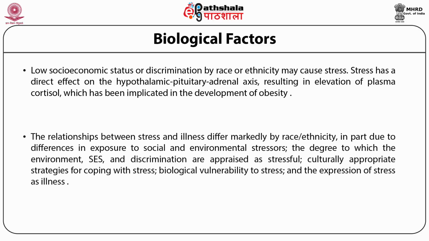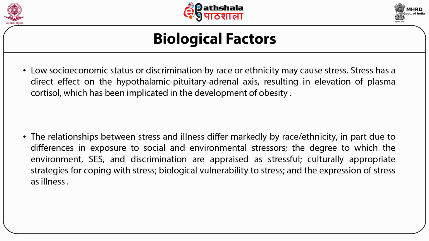The relationship between stress and illness differs markedly by race or ethnicity, in part due to differences in exposure to social and environmental stressors. The degree to which the environment, socioeconomic status, and discrimination are appraised as stressful, culturally appropriate strategies for coping with the stress, biological vulnerability to stress, and the expression of stress as illness are some of the other factors.